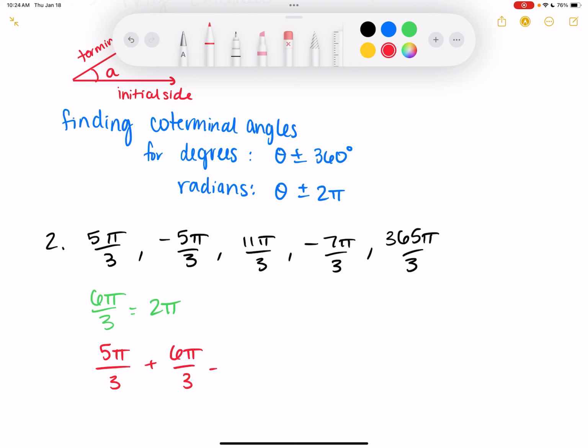So plus 6 pi over 3 would be 11 pi over 3. So those two are coterminal with each other. So next I would probably start subtracting, because otherwise I have to go up to 365 pi over 3, and that's just not cool.